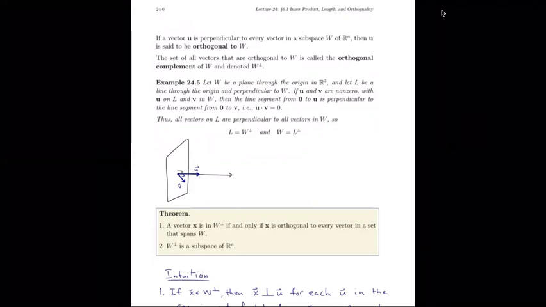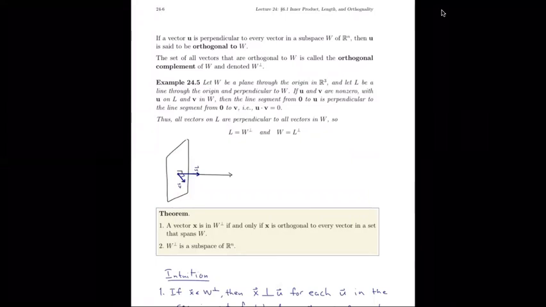Down below, just for a quick drawing of that, here's a space as a plane with vectors v in it. And if we have u, a vector that's perpendicular to this plane, well, then u is perpendicular to every single vector in that plane. So u is a part of the orthogonal complement to that plane. So it's an element of it.